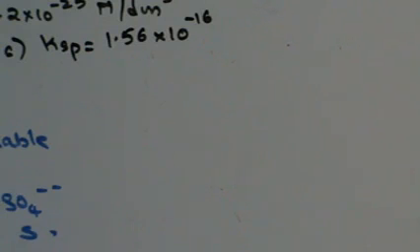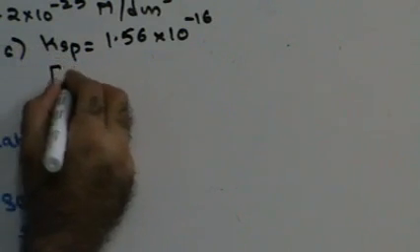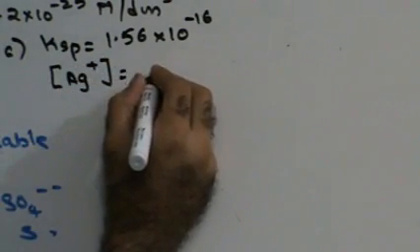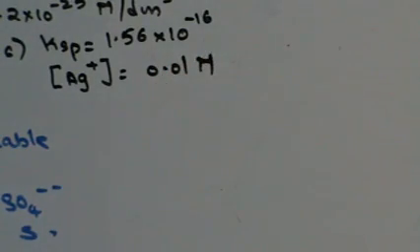What concentration of iodine is required to precipitate silver iodide from a solution of 0.01 molar silver nitrate solution?